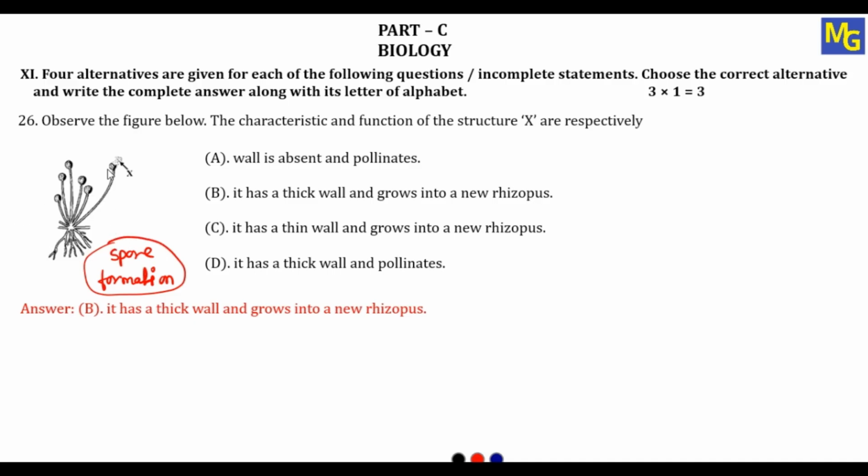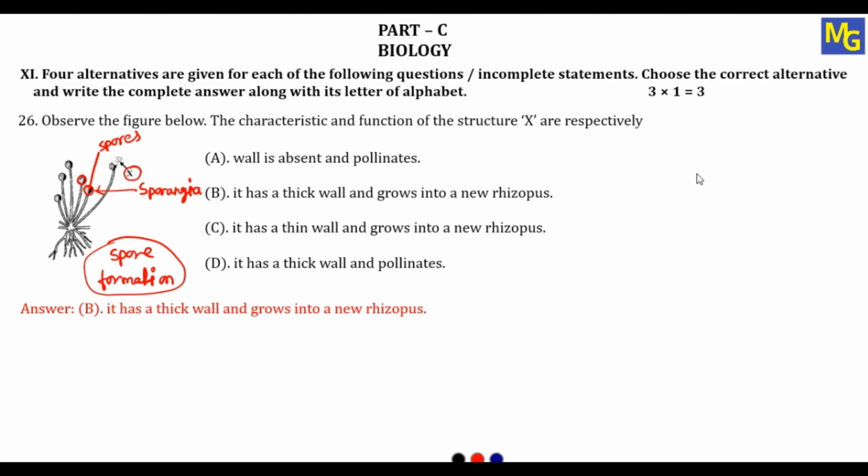If you see these circles, these are called sporangia. These sporangia, the bag-like or sac-like structures, have spores inside. And X is nothing but these spores.